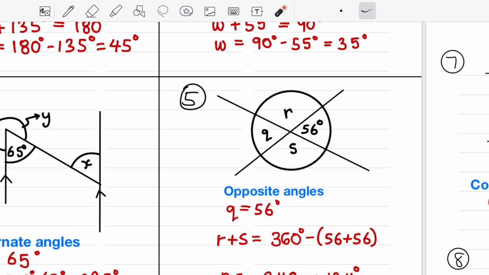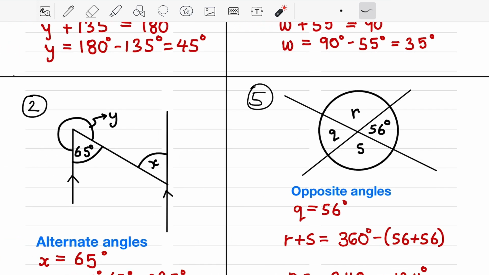Number 5, we have opposite angles. So Q will be equal to 56. Q plus Q, which is 56 plus 56, is 112. 360 take away 112, so let's put that in.